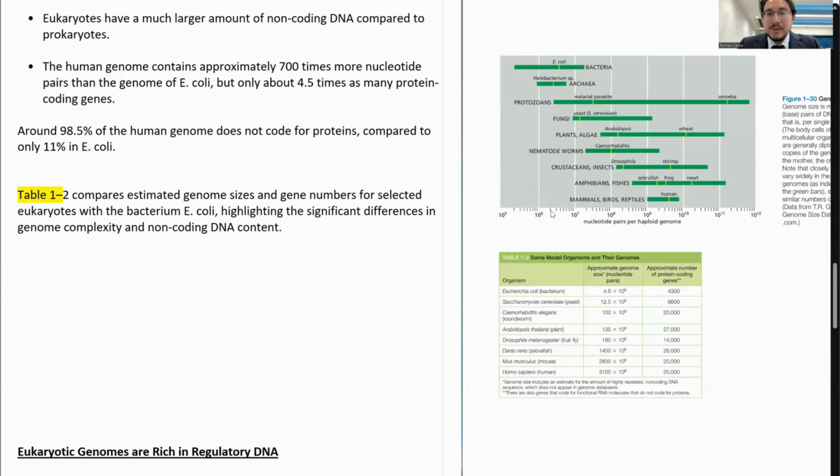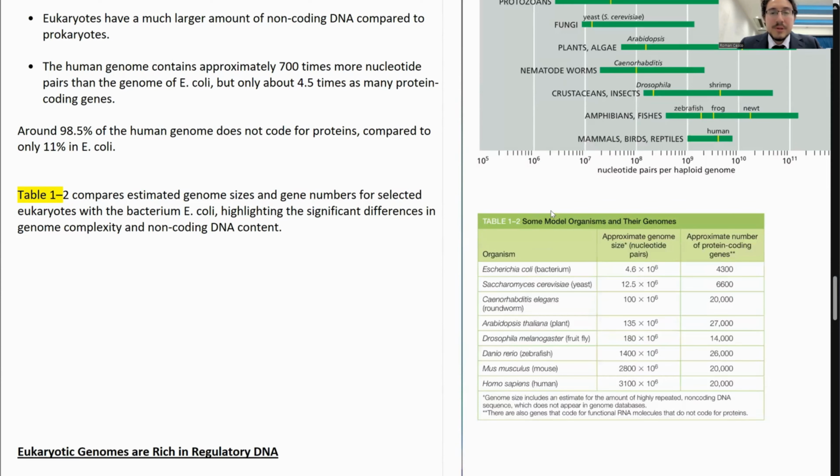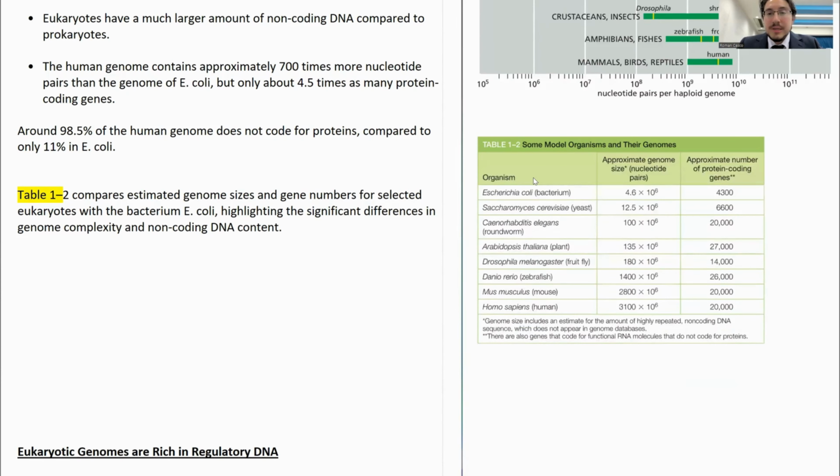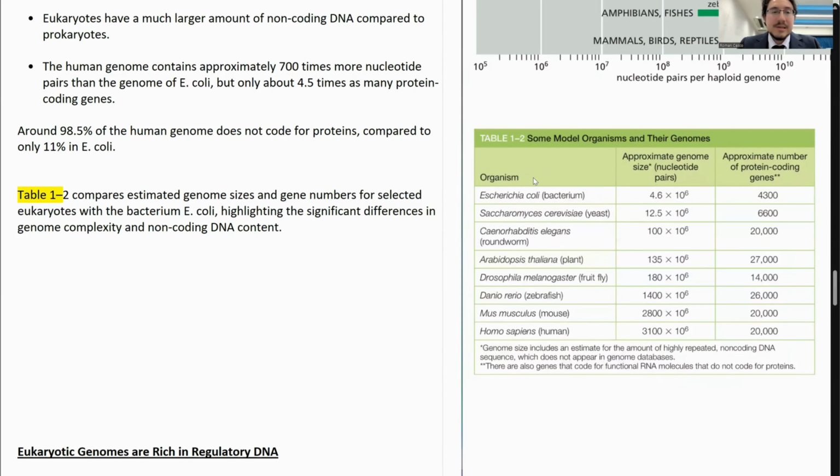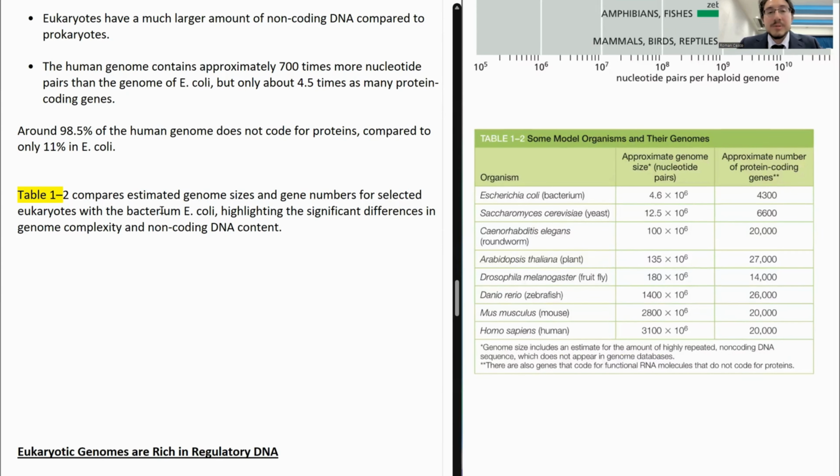So let me go a little bit here. Table 1.2, as you see here, compares the estimated genome sizes and gene numbers for these particular eukaryotes, also comparing with E. coli.